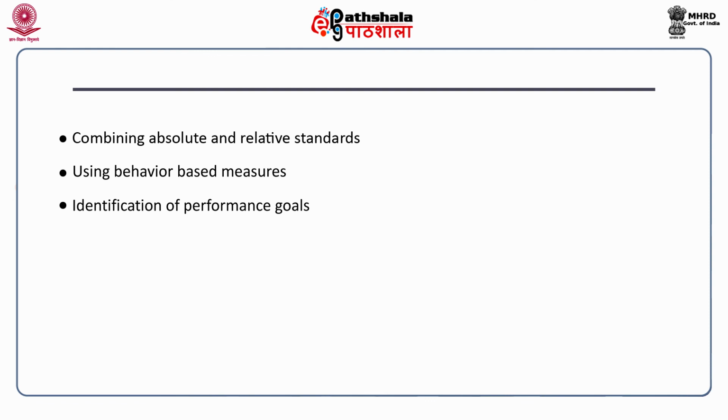Employees should be appraised on the basis of performance objectives so that employees are rated for the level of performance expected from them. Training and development. Performance rewards should be used for the development of employees so that gaps in skills and competencies are identified and removed for improving performance of employees.